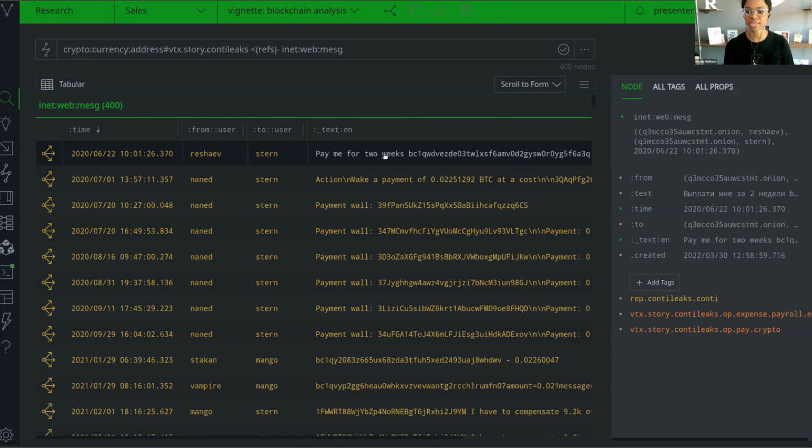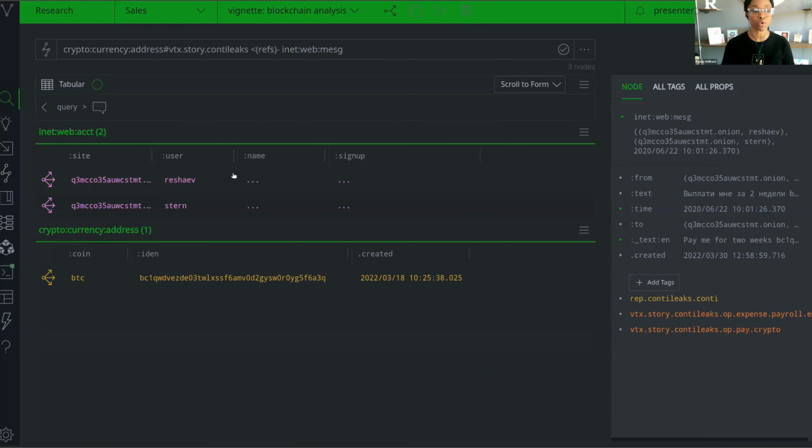Let's assume we don't know yet. They're talking about being paid. So what we did was we added some context to this particular message, indicating that this is potentially associated with their operations and then an expense related to employee payroll.